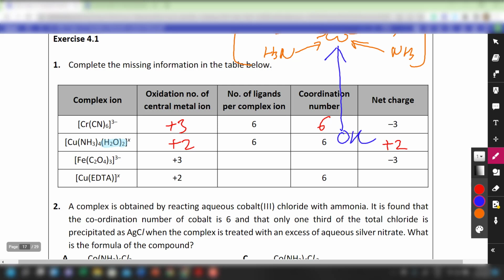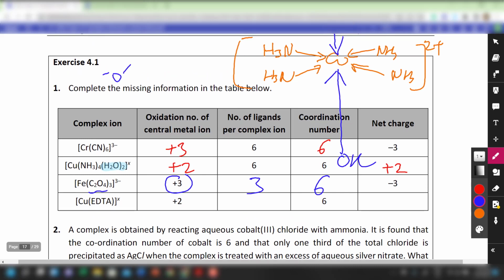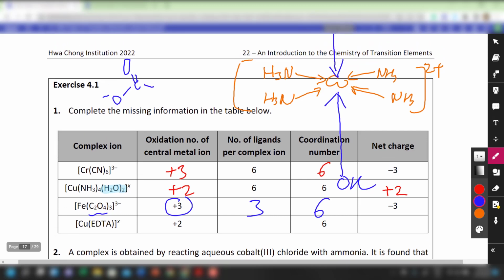Next we have the oxalate complex involving iron 3, because the oxidation state is +3. Obviously we count here there are 3 ligands per metal ion. The coordination number will be 6 as well, because each oxalate ligand, which looks like this: O minus, C double bond O, and then C double bond O and an O minus.